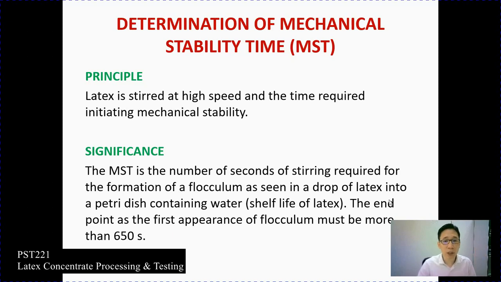So if your appearance of flocculum is below 650 seconds, okay, most probably it's not a good MST for your latex. You need to figure out how you need to stir your latex during preparation of the latex compounds before you produce a final product, or else the small flocculum may affect the product.